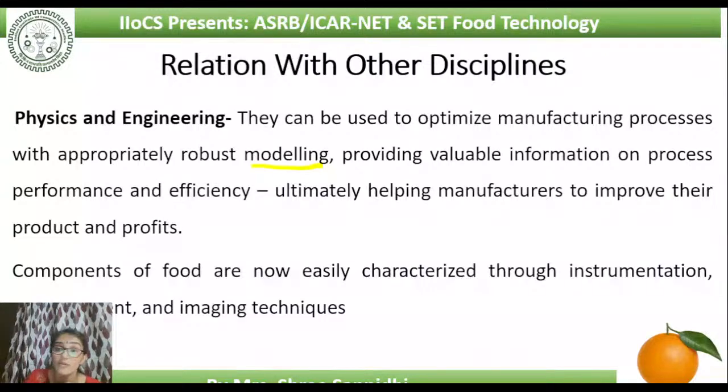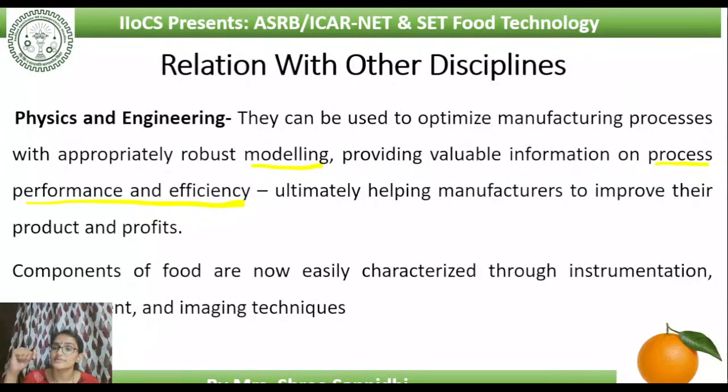Then providing valuable information on process performance and efficiency. Think that we are doing the pasteurization of milk. While doing the pasteurization of milk, what should we know first?